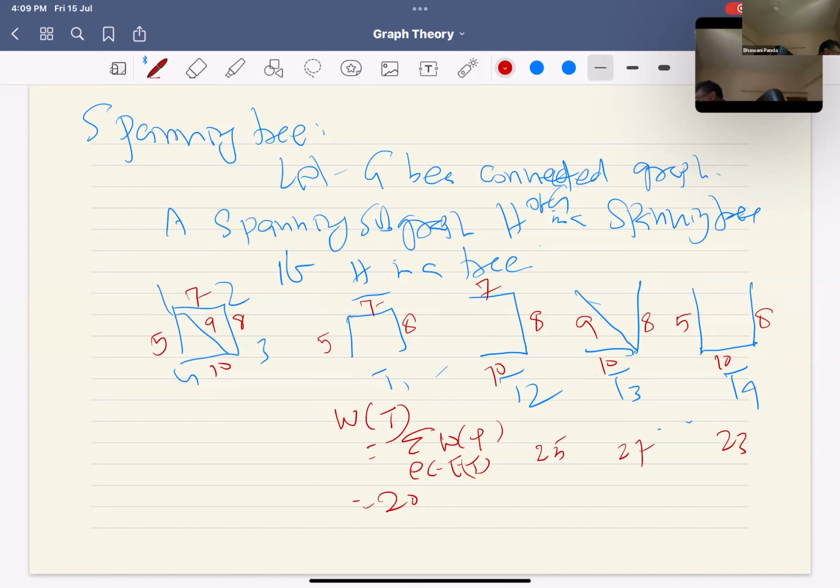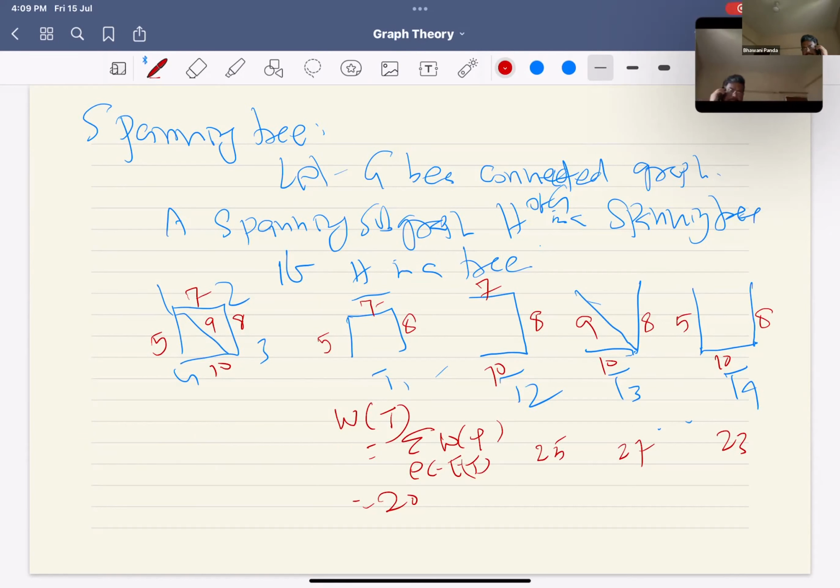There are only 2. But already 4 are given. Just see for the given graph. It's the minimum spanning tree. For this graph only 2.